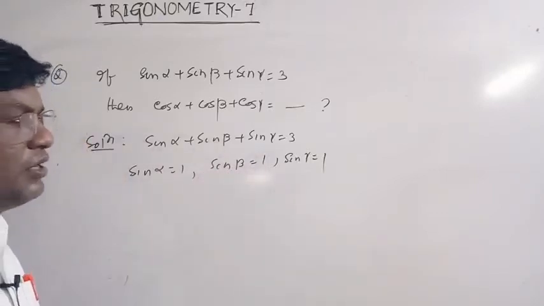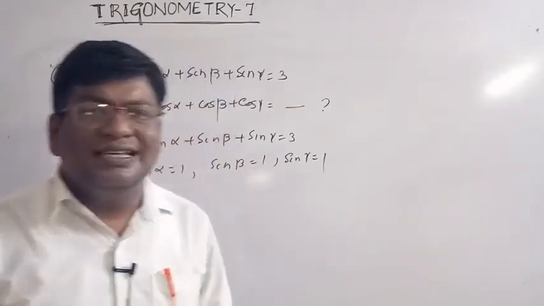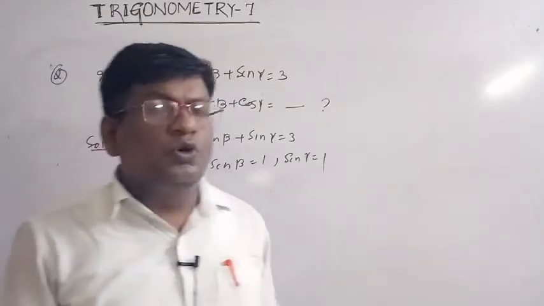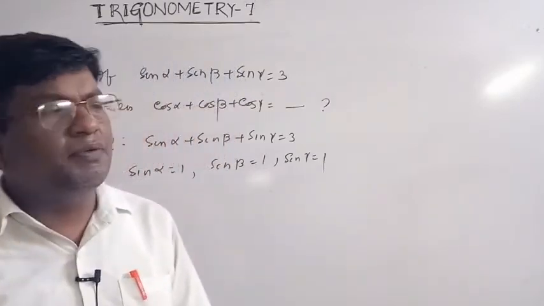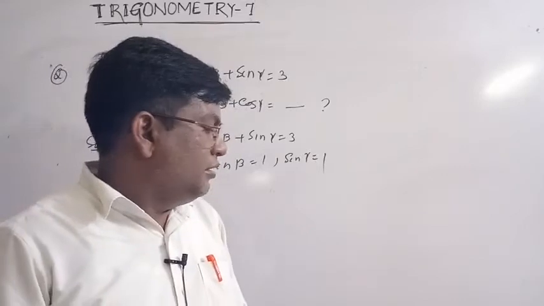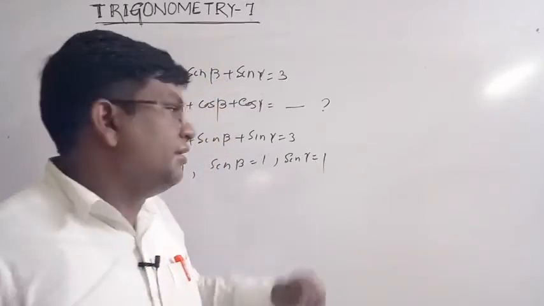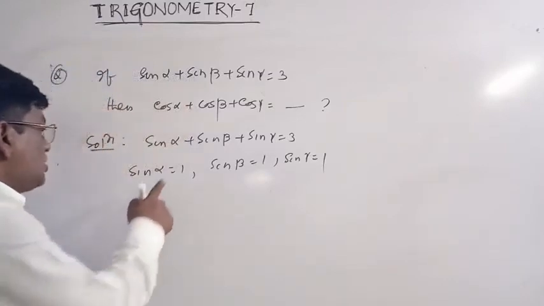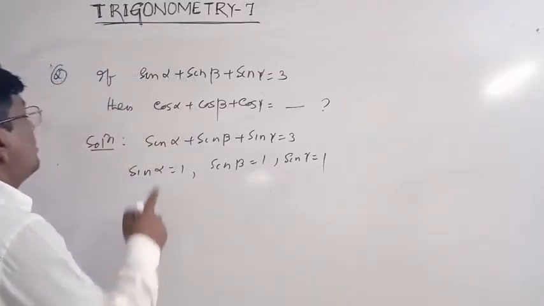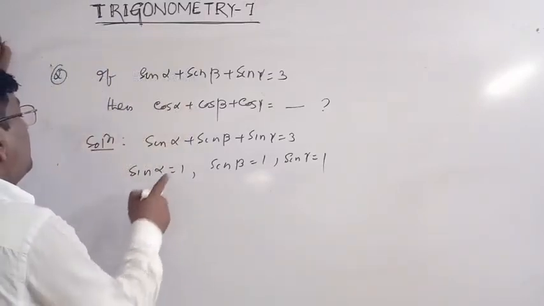For another equation, suppose x1 plus x2 plus x3 is equal to 3, it has so many solutions; the number of solutions may be many. But in the case of sin, only one solution is having value 1. So if sin alpha equals 1, what is the value of alpha here?